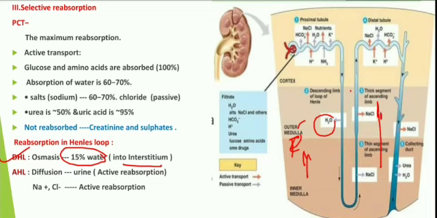It is impermeable for water and permeable for electrolytes, and this leads to the formation of dilute urine in the ascending limb.